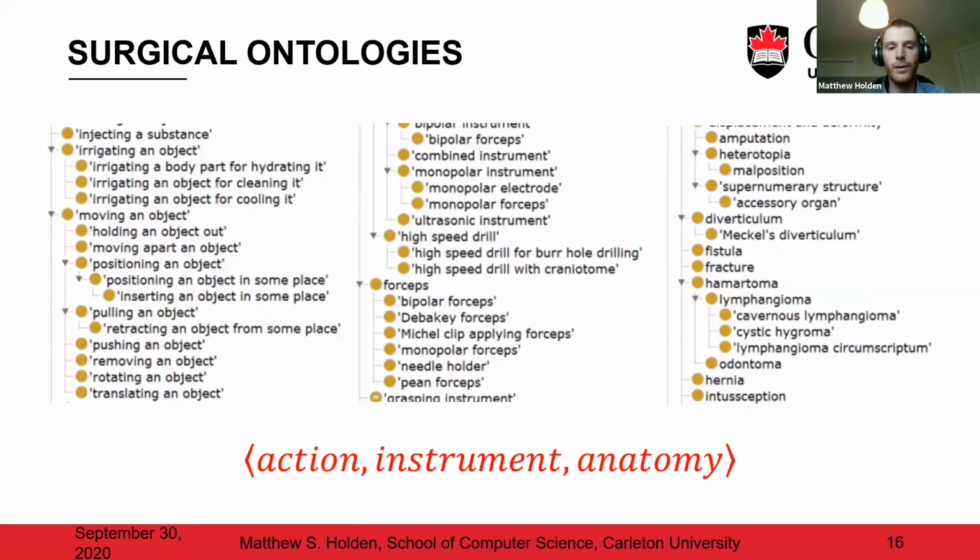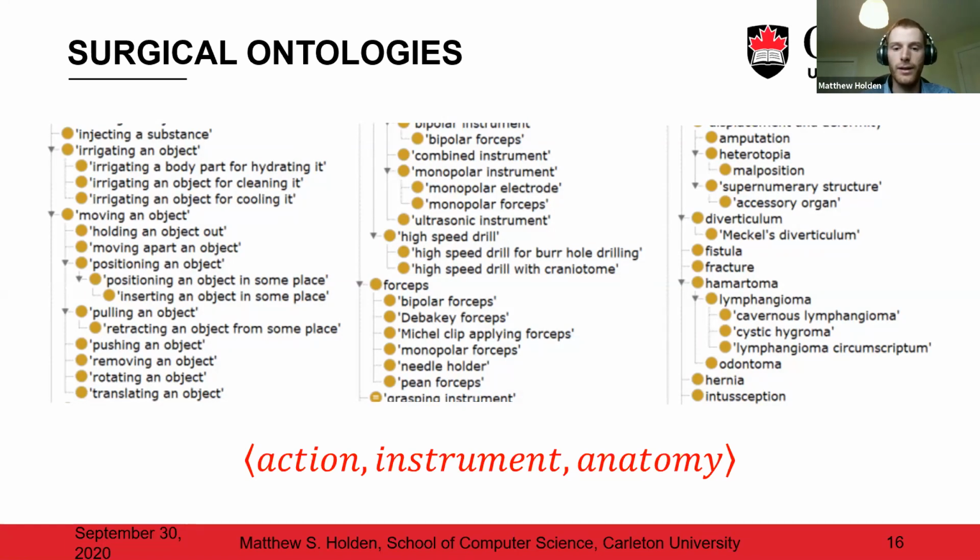And effectively, a surgical ontology is a list of all of the components and elements involved in a surgery. So in particular, the most important components or elements in a surgery include the possible actions, things like moving a tool, inserting a tool, the instruments, so things like forceps or perhaps a needle or a scalpel, and anatomy.